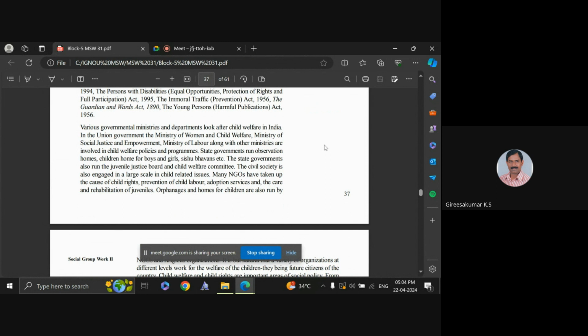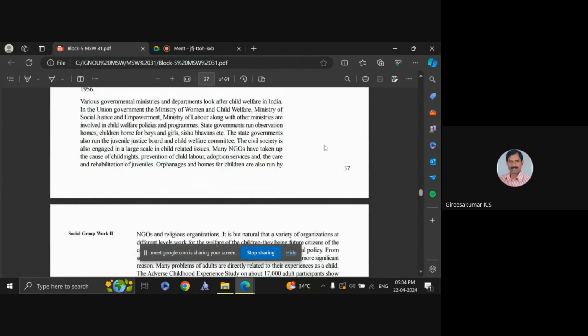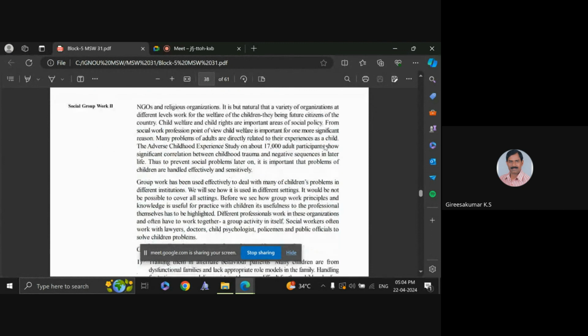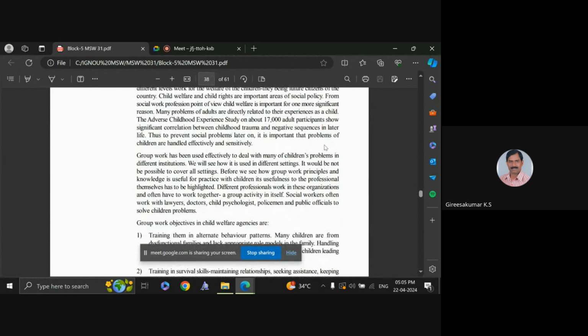Governmental ministries and development departments look after child welfare in India. Then NGOs and religious organizations. So the group workers learn the children's problems in different situations.